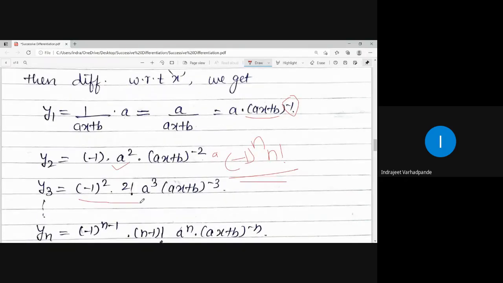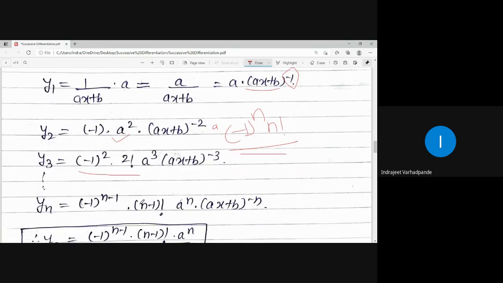So generalized term. Generalized term is clear? Yes sir.